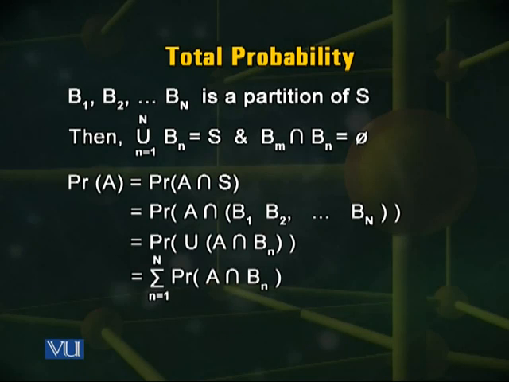Hence, as shown in the slide, the last result is that the probability of A is equal to the sum of probabilities of A intersecting with the different Bi's. And if you look at the formula for conditional probability, this probability of the joint event A intersection Bi can be written as the multiplication of the conditional probability of A given Bi multiplied by the unconditional probability of Bi.